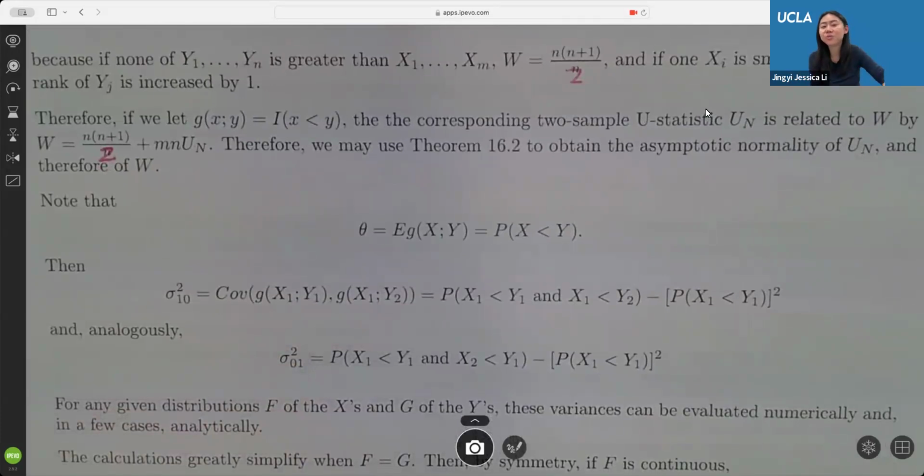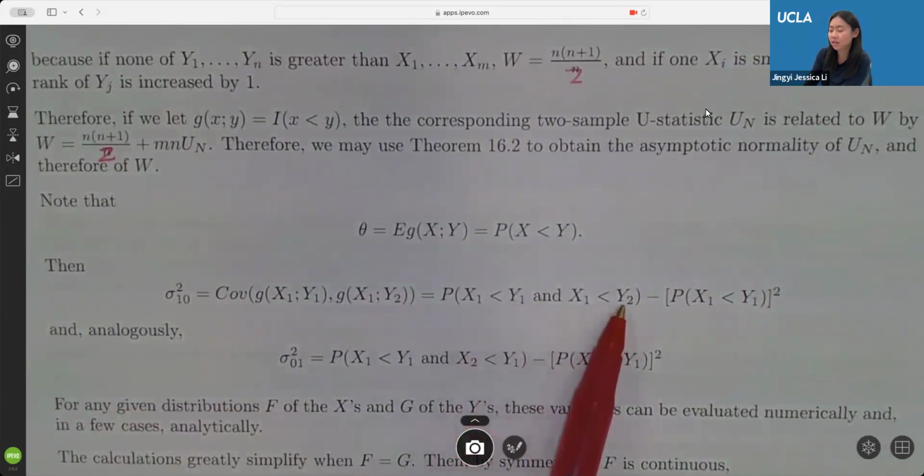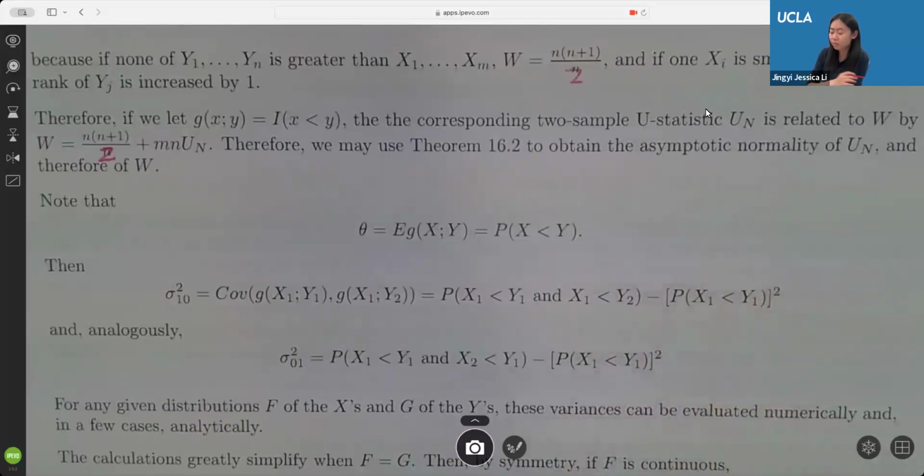And as each one is an indicator function, we can show, using the fact that covariance is the expectation of the product minus the product of expectations, and the expectation of a product of indicator functions is just a probability, right? So it's just the joint probability that X1 is less than Y1 and X2 is less than Y2, minus the square of one probability.